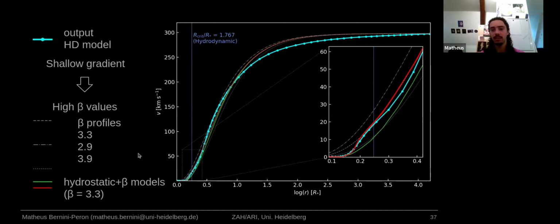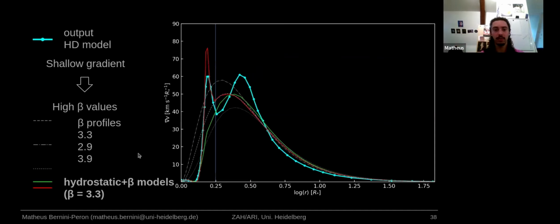However, they have different settings for the connection between the photosphere, the inner part of the wind, and the outer part of the wind. Here, I'm showing the gradient of the velocity against the radius. The blue is again the hydrodynamically consistent model, and the red is the model which matches nicely.